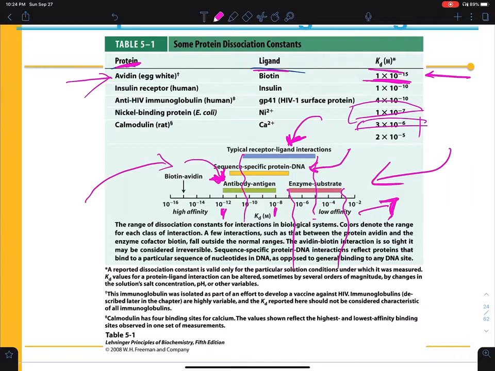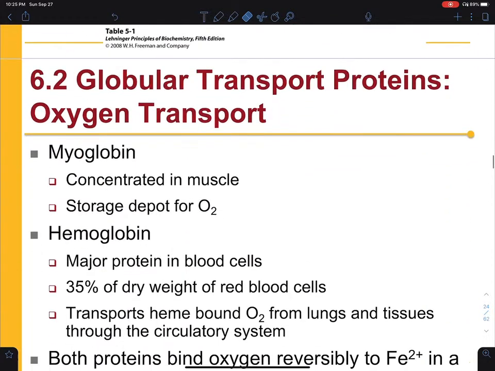There is a reason for that, that has to do with the transition state theory that we will talk about when we talk about enzyme kinetics. But make a note of this, enzyme substrate interactions tend to be of lower affinity than most other protein ligand interactions. Again, all of these are reversible. All of these are probably, for the most part, non-covalent, right? But they have different KDs, and because of that, different affinities.